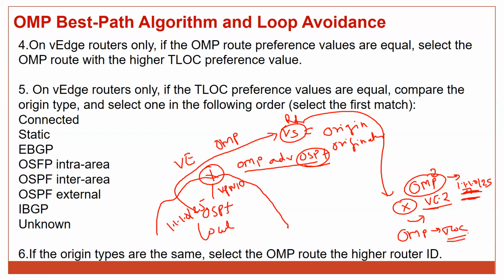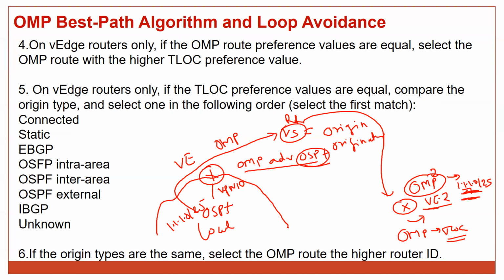So OMP knows what the next hop is, what the transport locator is, and from which particular ISP, color, and system IP I am getting these routes. So as a whole, you will see that OMP knows almost everything related to routing, routing attributes, and routing updates. Okay, so that is one way.